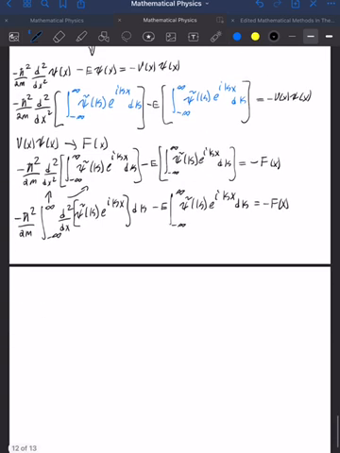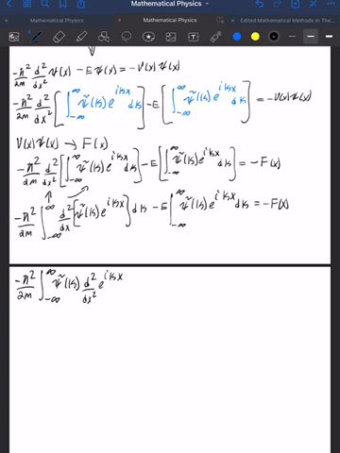Okay, so if we take this derivative in here, notice that psi tilde of k is not dependent on x at all. And so really, we're just taking the derivative of this exponential part here. So it's minus h bar squared over 2m, the integral from minus infinity to infinity, psi tilde of k, d squared dx squared of e to the ikx.